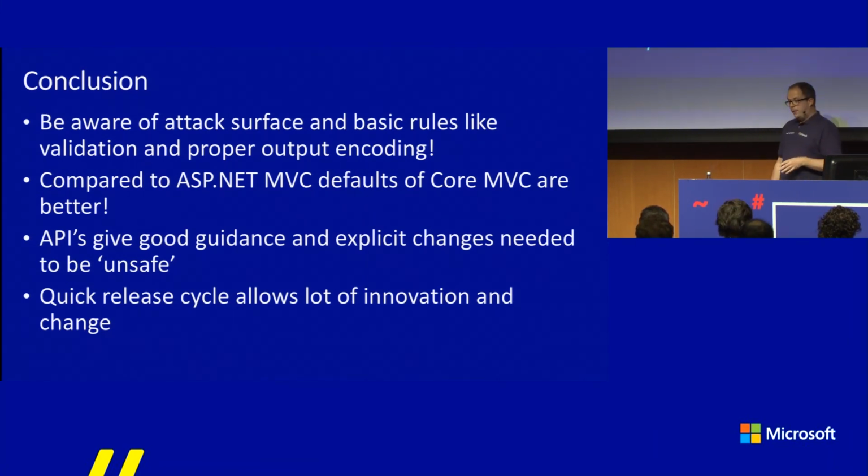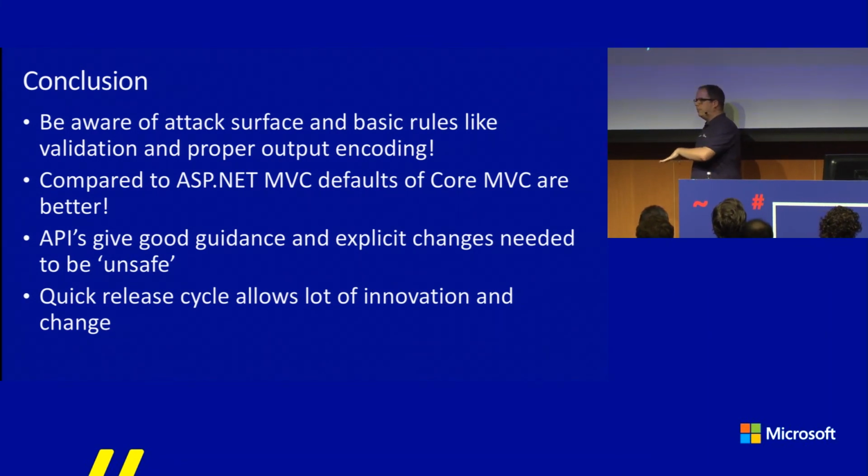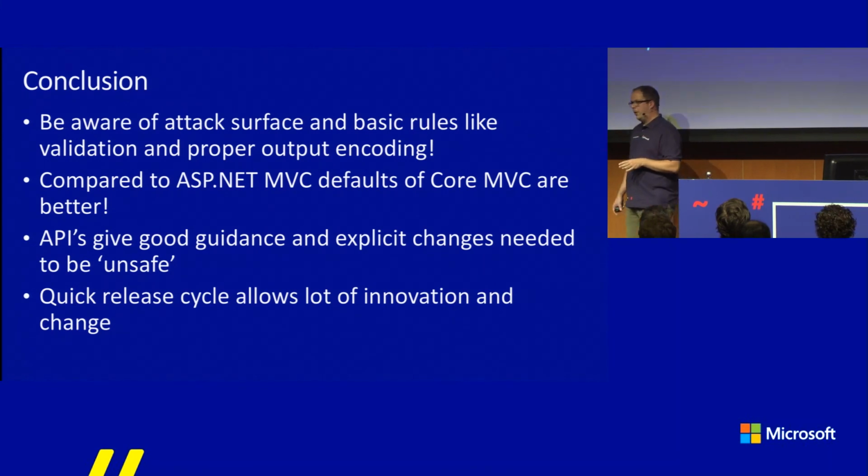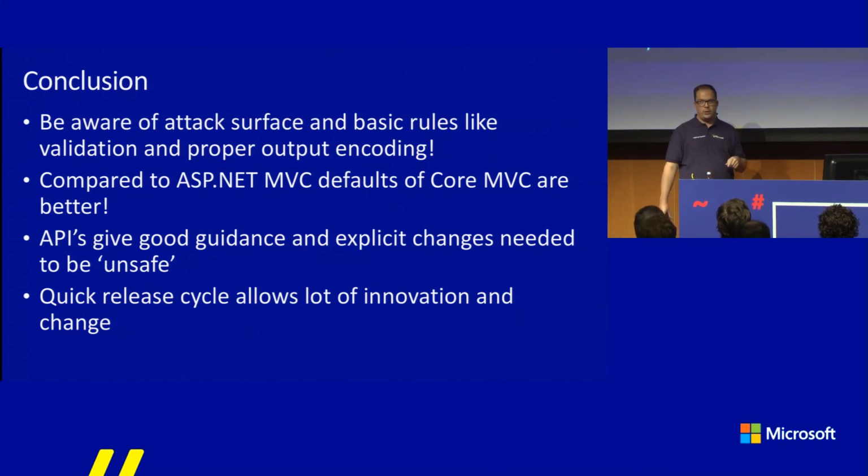The APIs give good guidance and explicit changes to be unsafe. One good example is that for .NET Core 2.0, running on different platforms, Windows needs a different implementation than Mac OS X. And with Mac OS X, usually if we do, let's say, SSL validation, you need to, maybe for development or maybe for some other reason, suppress any errors occurring, right? You do that based on setting the handler to don't validate this certificate.